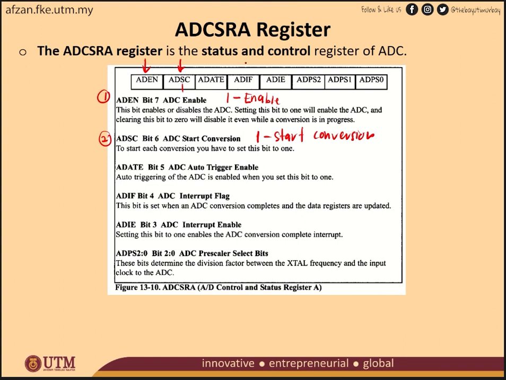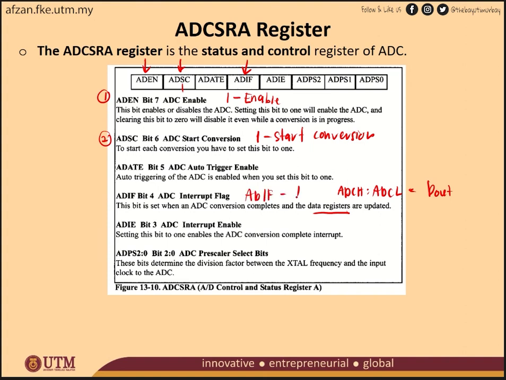Okay, next is ADIF. This is actually a flag, which shows the status of the conversion. Every time the conversion is complete and the data registers, ADCH and ADCL, are updated with your new DOut, the ADIF flag will go high.